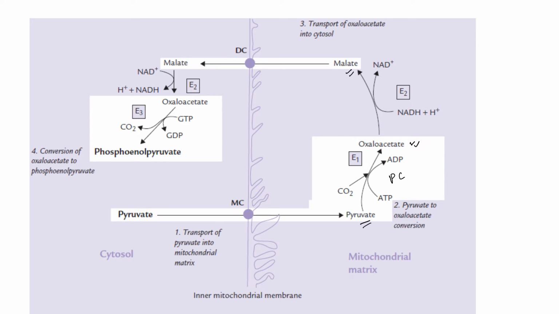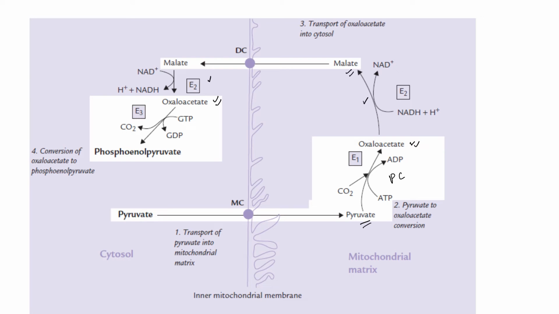This malate has its own transporter, called the dicarboxylate transporter. Through this transporter, malate can come out into the cytosol, and in the cytosol the reversal of this reaction takes place, and malate is converted into oxaloacetate.